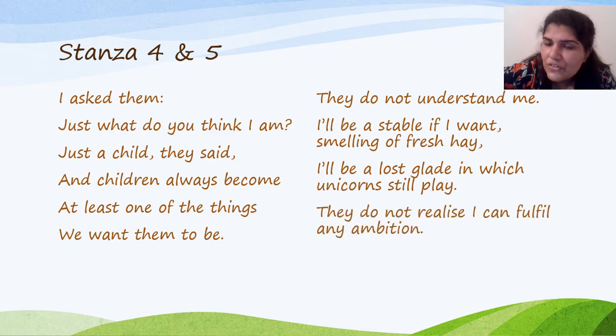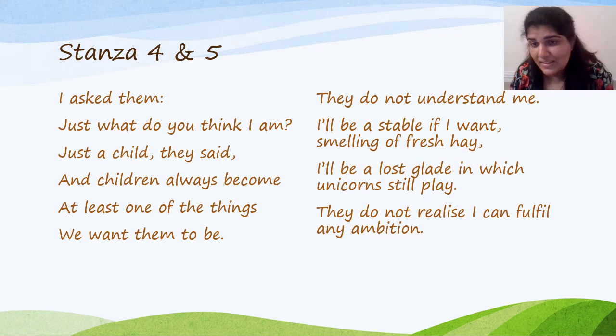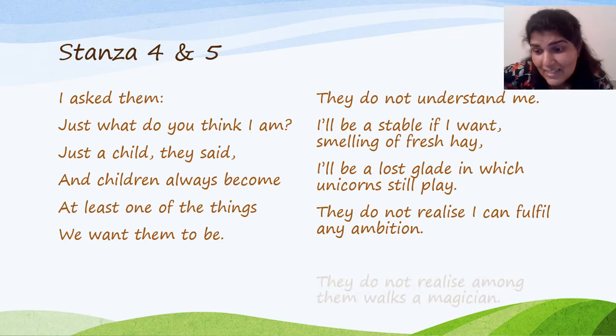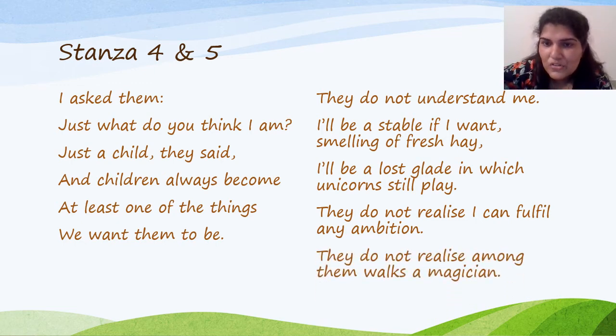They do not realize I can fulfill any ambition. So they just think that I am unable to fulfill any kind of ambition or goal I have, because I want to become a mountain, I want to become an ocean, and so many other unrealistic things. They do not realize among them walks a magician.